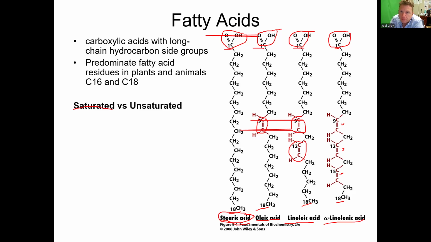And I say, you're right. There is a double bond in the carboxylic acid, but that is not one of the double bonds that we're thinking about when we're distinguishing between a saturated and an unsaturated fatty acid. Oleic, linoleic, and alpha linolenic acid are all unsaturated fatty acids. They have at least one double bond.